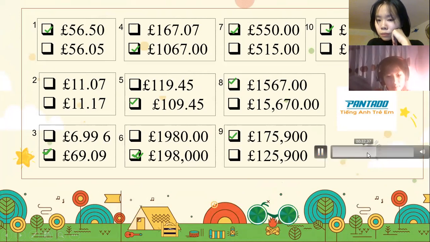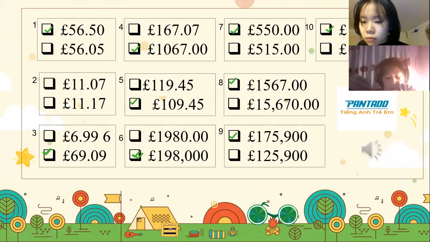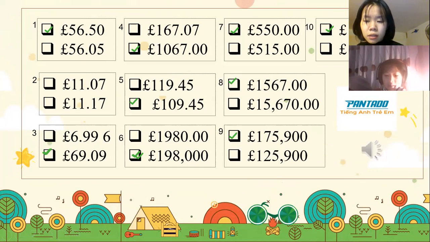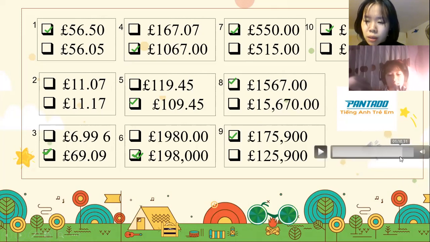The price is £198,000. That's £550. They cost £15,670. Number 9. It was sold for £175,900. 175. 75 or 25 is 75 đúng không nhỉ? £900.